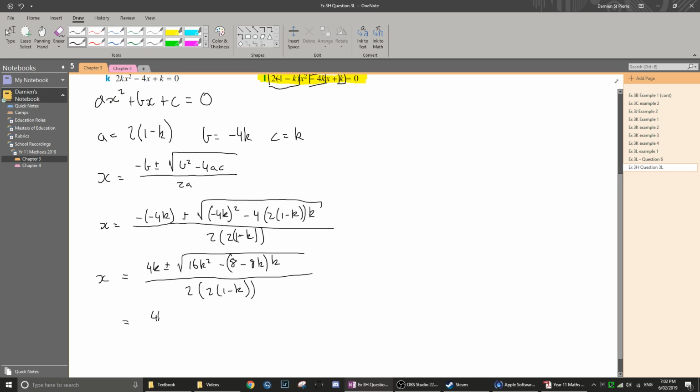So we get 4k plus or minus, 16k squared we're going to leave for now. Let's simplify this finally through, so we get minus 8k plus 8k squared, all over, and I'm leaving the denominator the same.